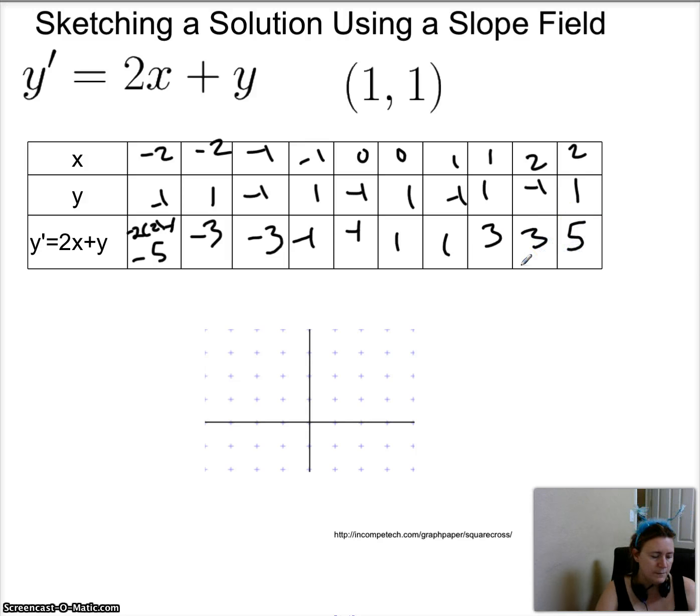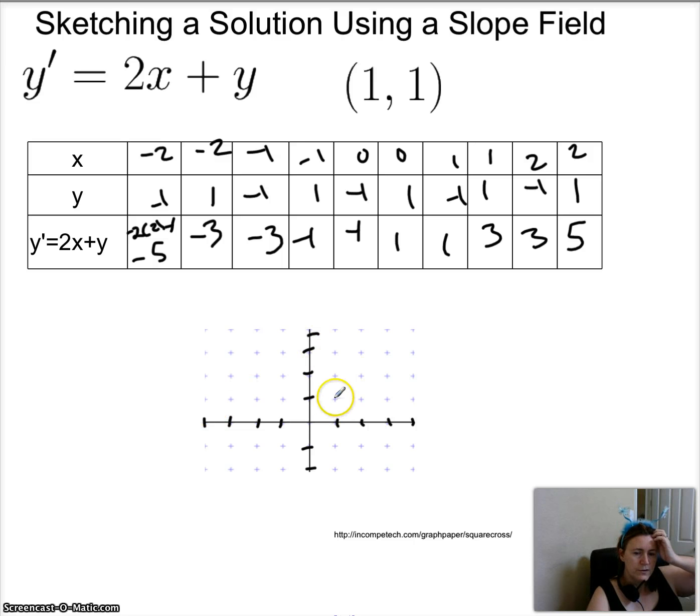So we're seeing some symmetry here. Now, what I can do is come through at each one of these points, and I could do these sketches.